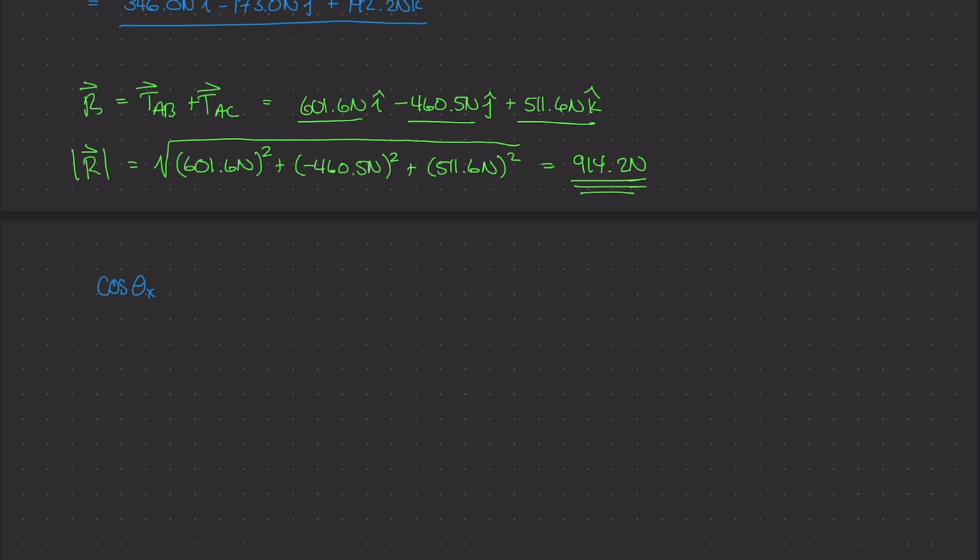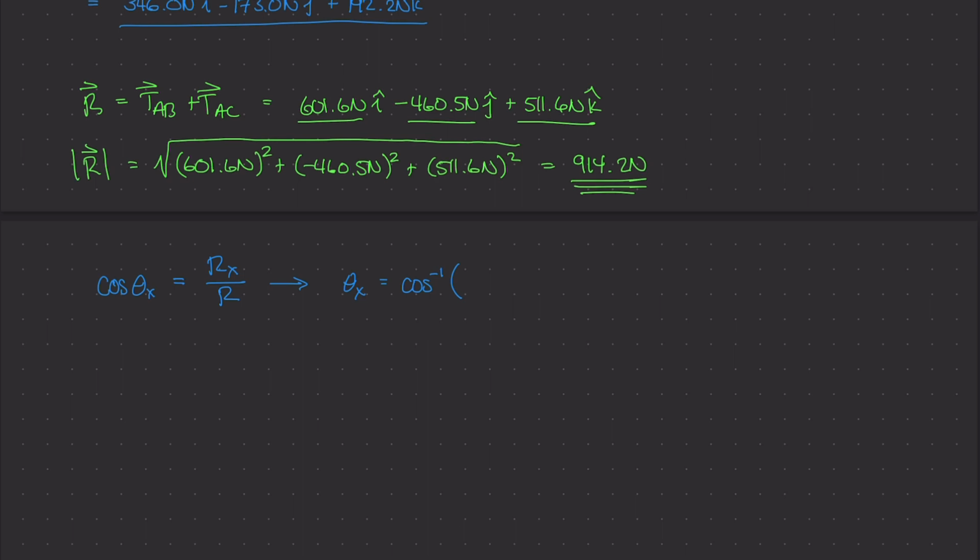So the cosine of theta x is going to be Rx over R. So what is this Rx over R? Well, Rx is the scalar quantity of the x component for this resultant vector. In this case, it's going to be 601.6. And R, which is this 914.2 newtons. So in order to solve for theta x, I could take the cosine inverse on both sides, and I would get theta x is equal to cosine inverse of Rx over R.